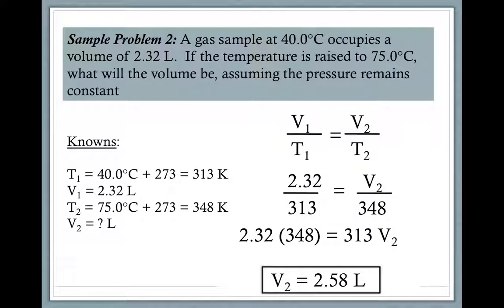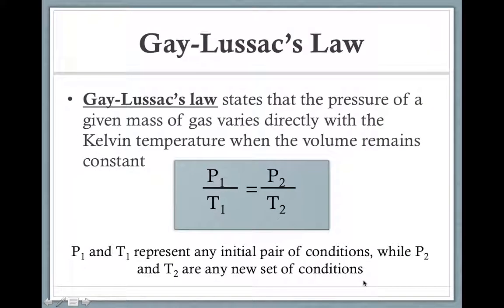They have to be in Kelvin, and you simply add 273. So 40 plus 273, and then 75 plus 273. Very simple. Plug it into my equation, V1 over T1 equals V2 over T2. And remember, when you have an equation set up like this, you do opposites. So you cross multiply: 2.32 times 348, and then 313 times V2, and then solve. And you get 2.58 liters.